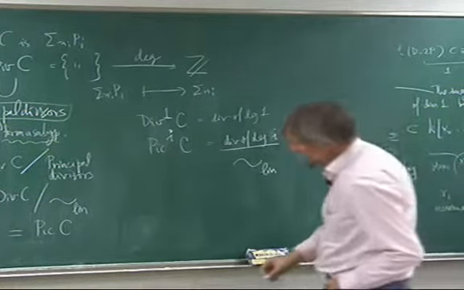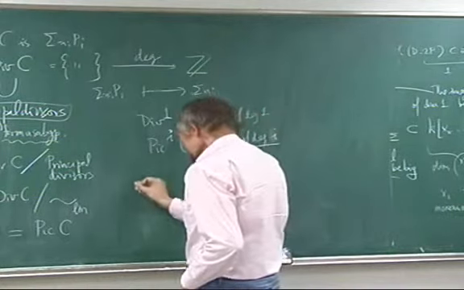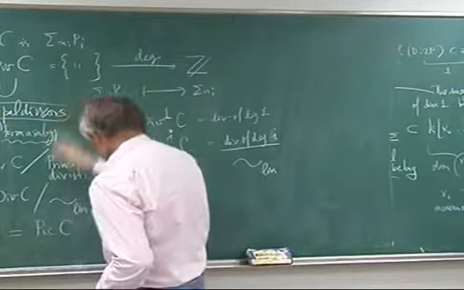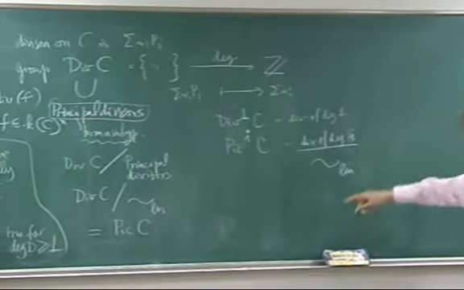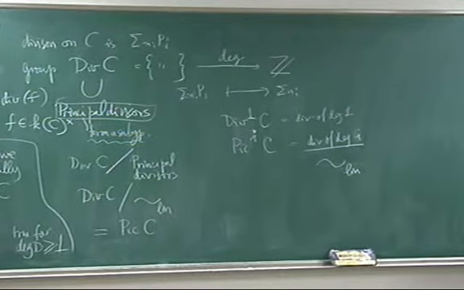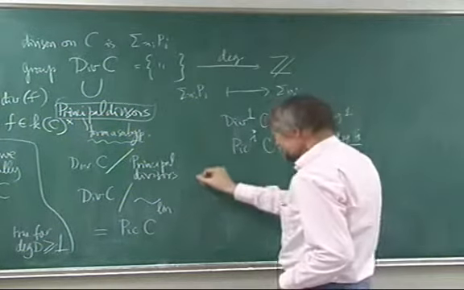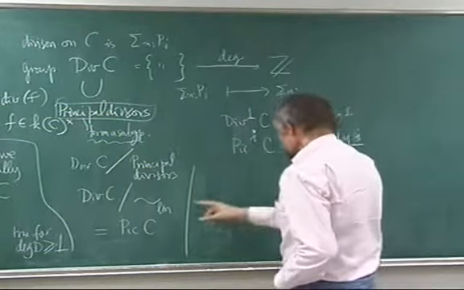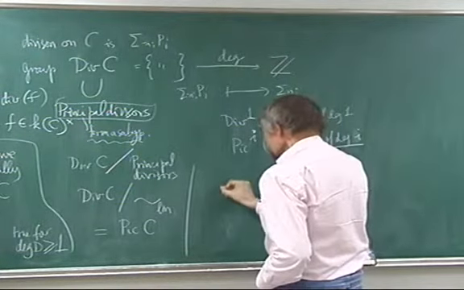So let me say something. I'm saying things that are completely obvious here. There's absolutely no content to this. This is just definitions and things that follow immediately from definitions. However, we're going to get a good result immediately from this. So Pic C is a group.